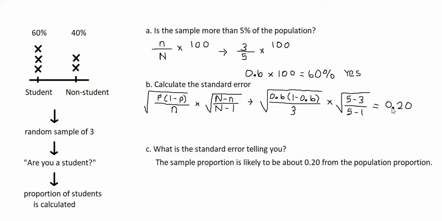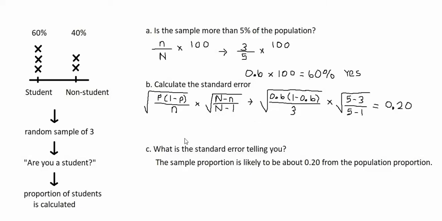Well, we have the same type of interpretation, except instead of saying sample mean, we're saying sample proportion, because instead of reaching a conclusion about how close a sample mean is likely to be to a population mean, we're reaching a conclusion about how close a sample proportion is likely to be to a population proportion.